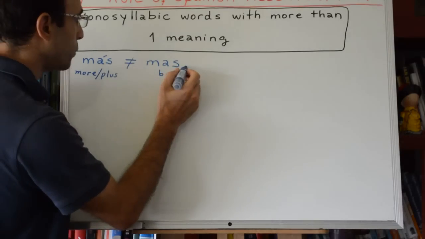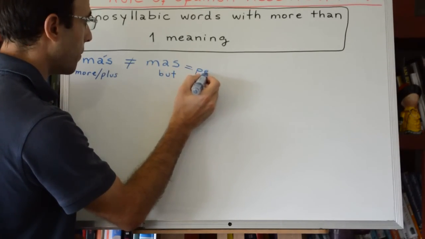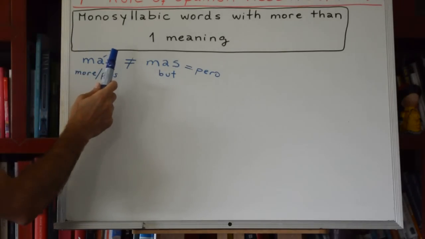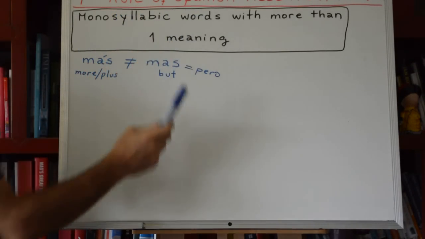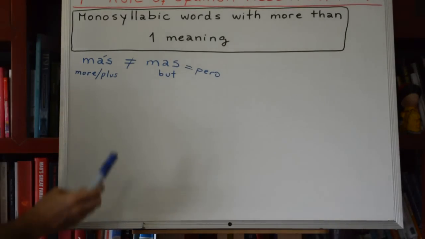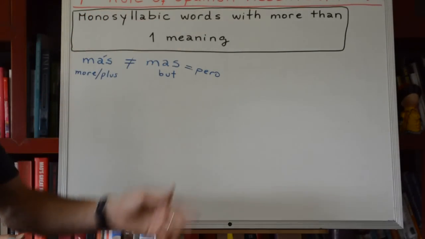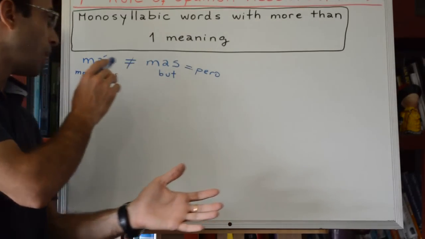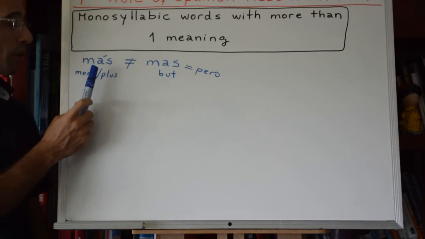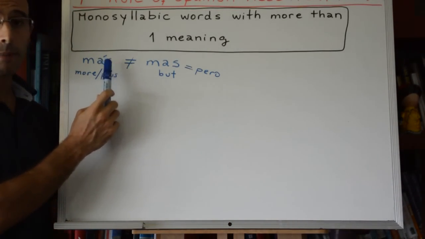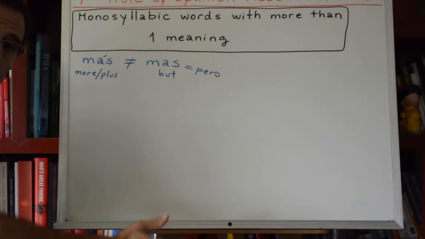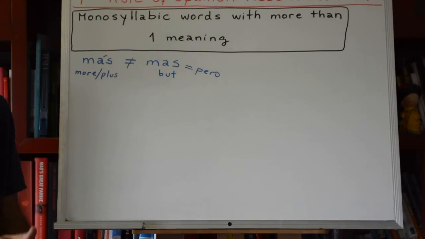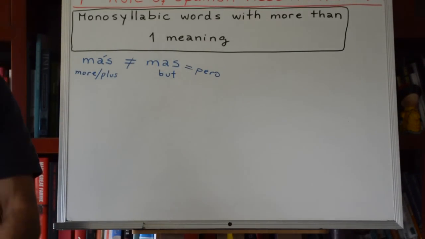So this is equal to the word pero, that means but. So, this is an example of what I'm telling about. Monosyllabic words that have more than one meaning, okay? So, the 4th rule of the tildes, of the Spanish accents, determines in which situation the monosyllabic words need to carry the tilde, to carry one meaning, or not to carry the tilde to imply the other meaning, okay?